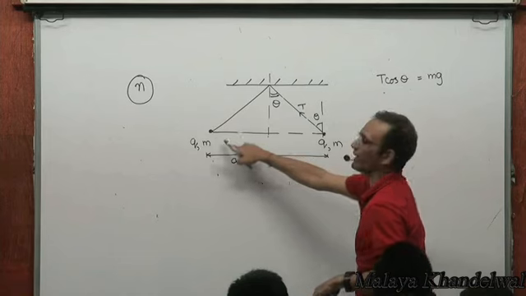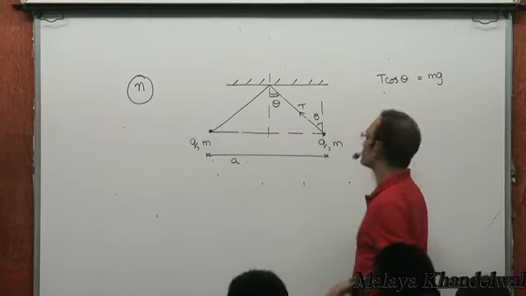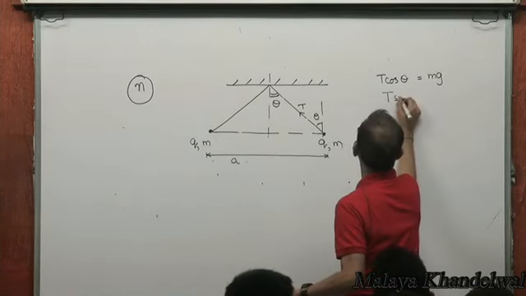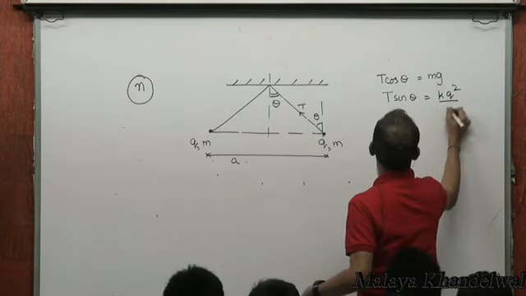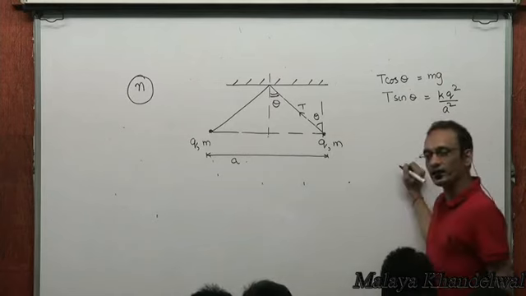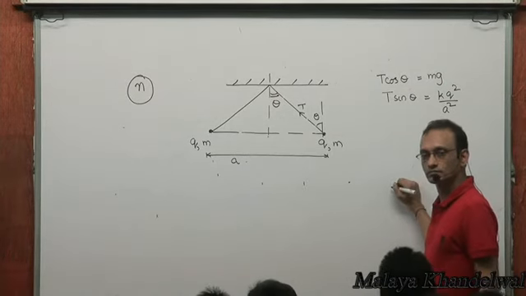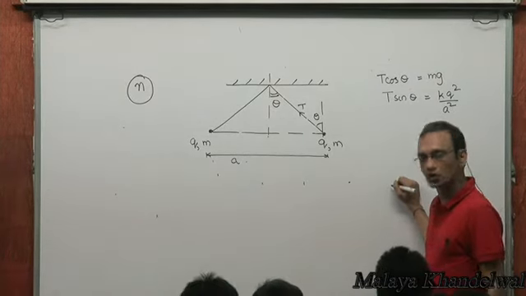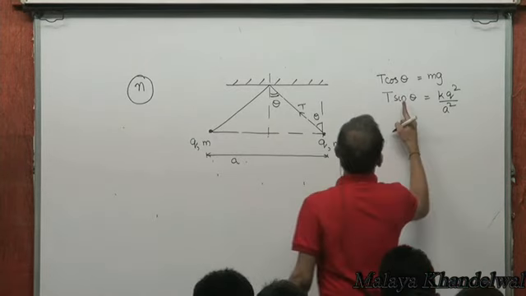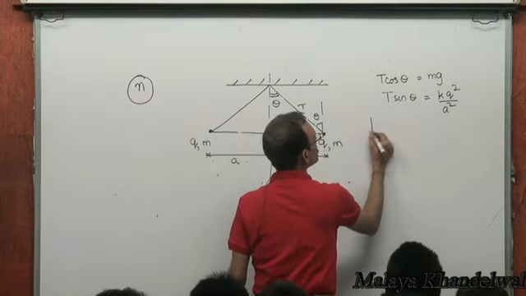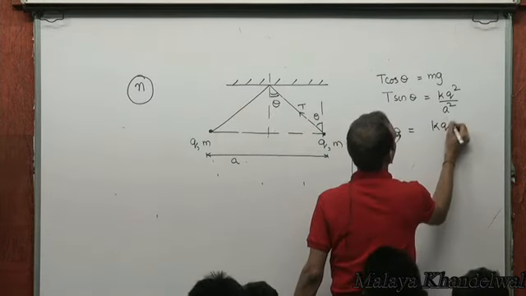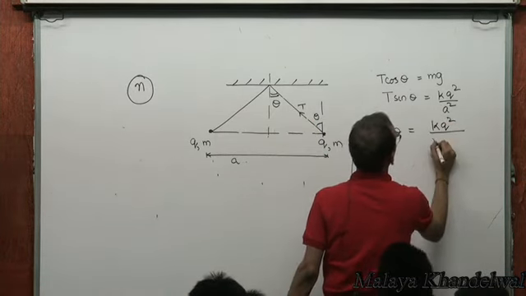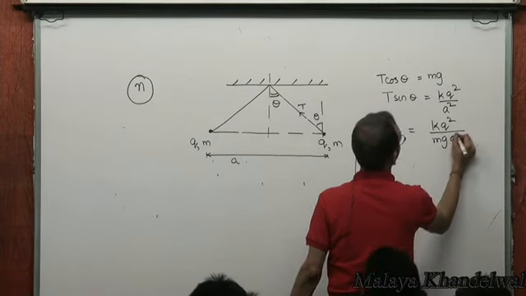And T sin theta will balance the electrostatic repulsion, kQ squared by a squared, right? Clear? If I divide this by this, then that gives me tan theta equal to kQ squared by mg a squared.